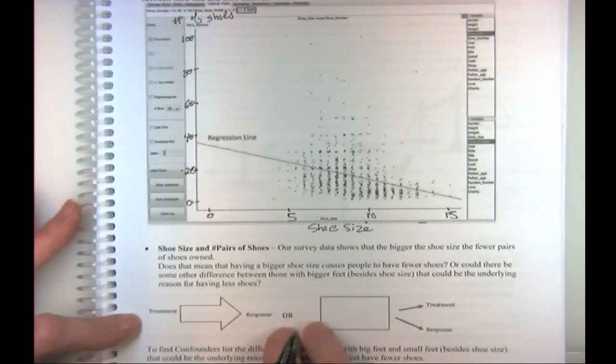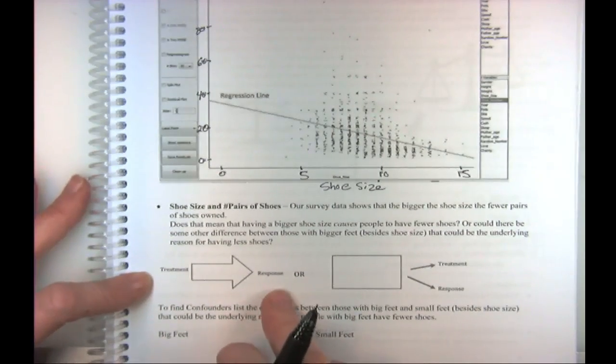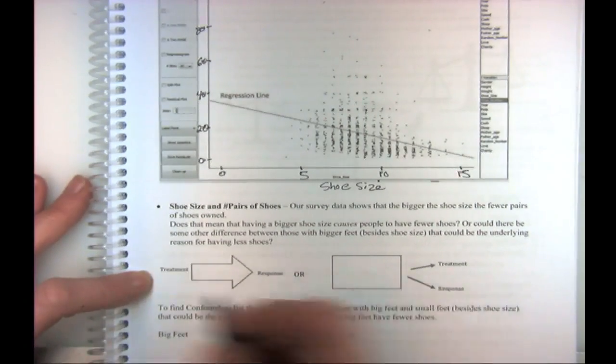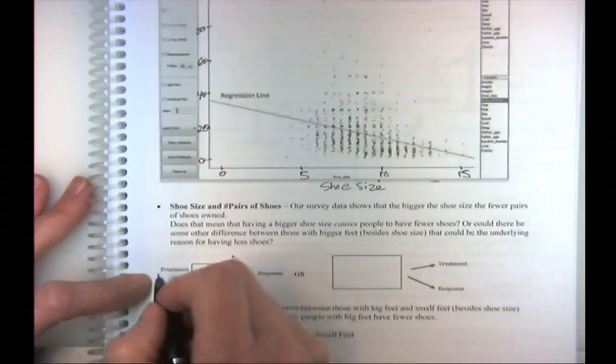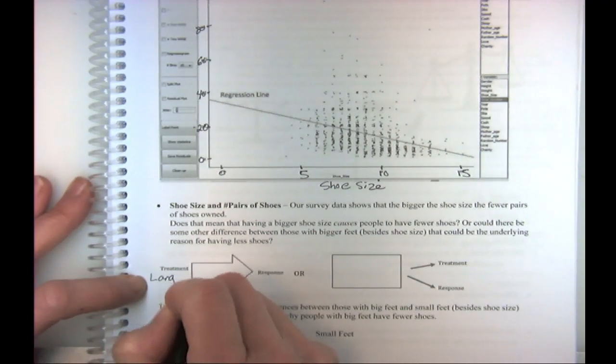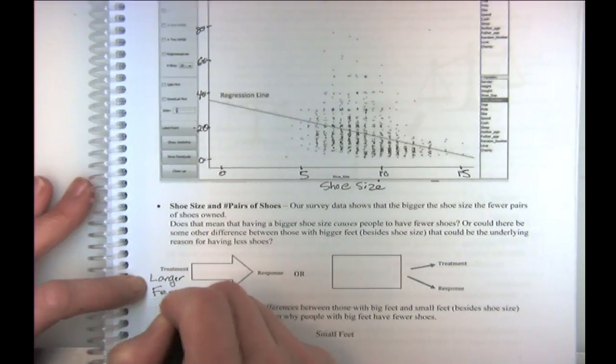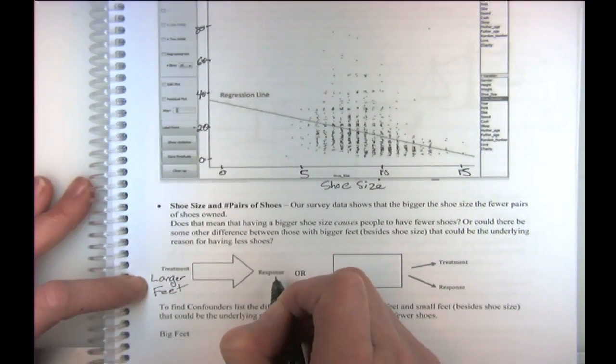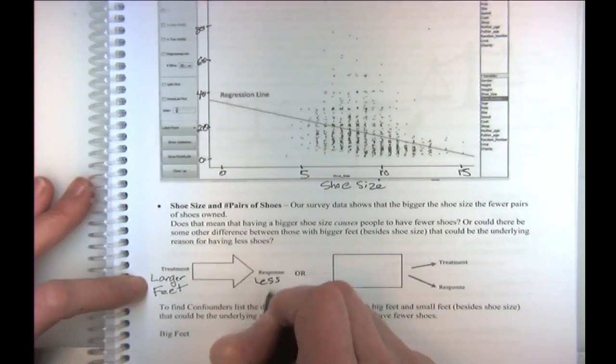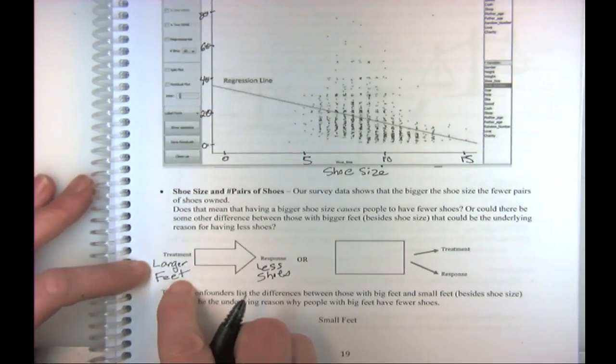So the question is, does the treatment cause the response? Do larger feet cause fewer shoes? You could have just as well said smaller feet cause more shoes.